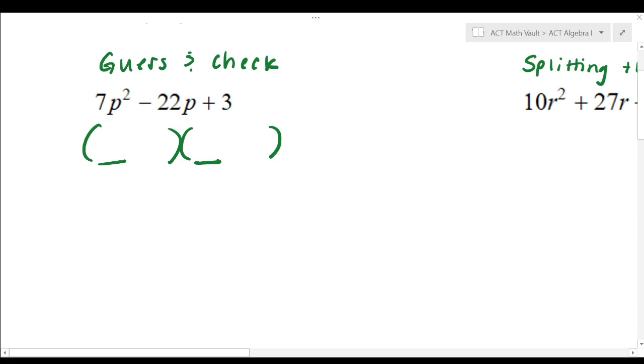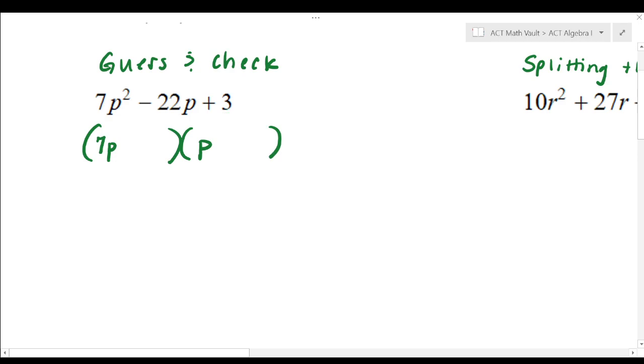Well, there are really only two options, and that is 7p and p. With problems like this, you know that there are no other factors of 7, 1. And now I'm thinking about how am I going to end up getting a plus 3 at the end?